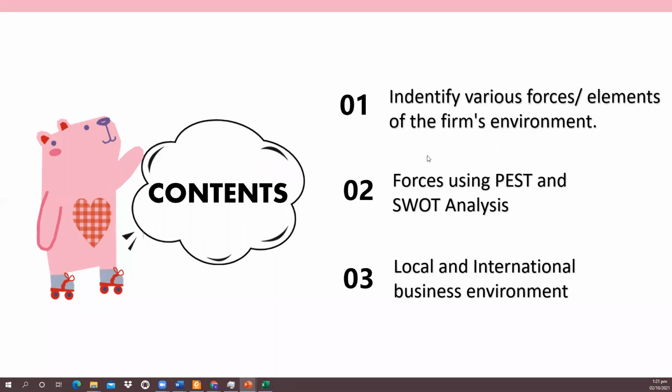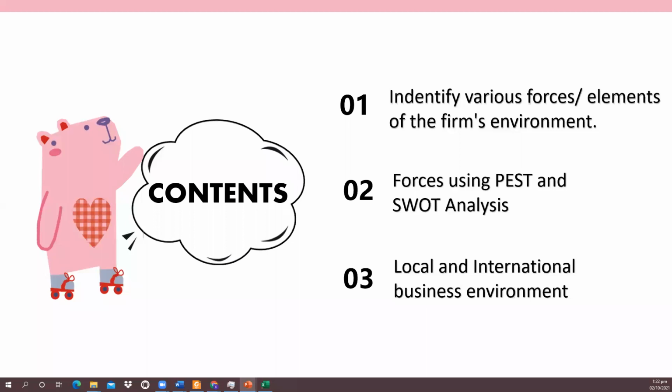Okay, so for today, we have the following contents, or this can be our learning objectives. After this chapter, we should be able to identify various forces and elements of the firm's environment, and then forces using PEST and SWOT analysis. Yan ang walang kamatayang SWOT analysis.